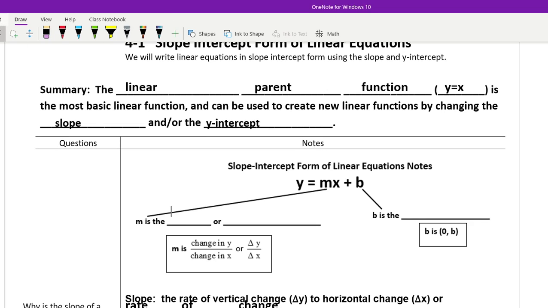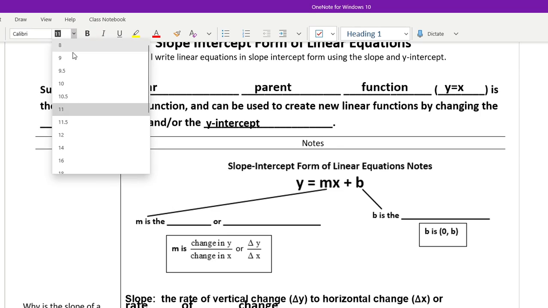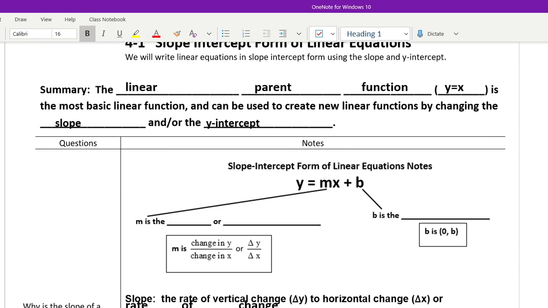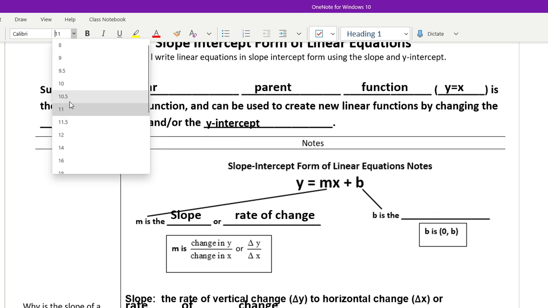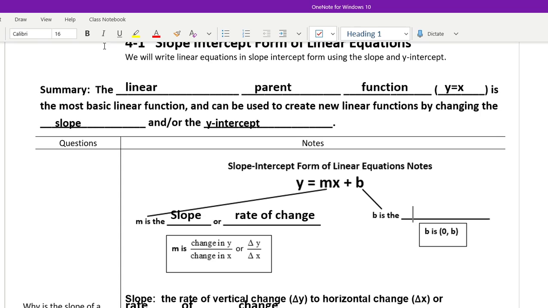For our phrasing, m is the slope, as I just stated, or it could be known as the rate of change. Our b variable will be our y-intercept.